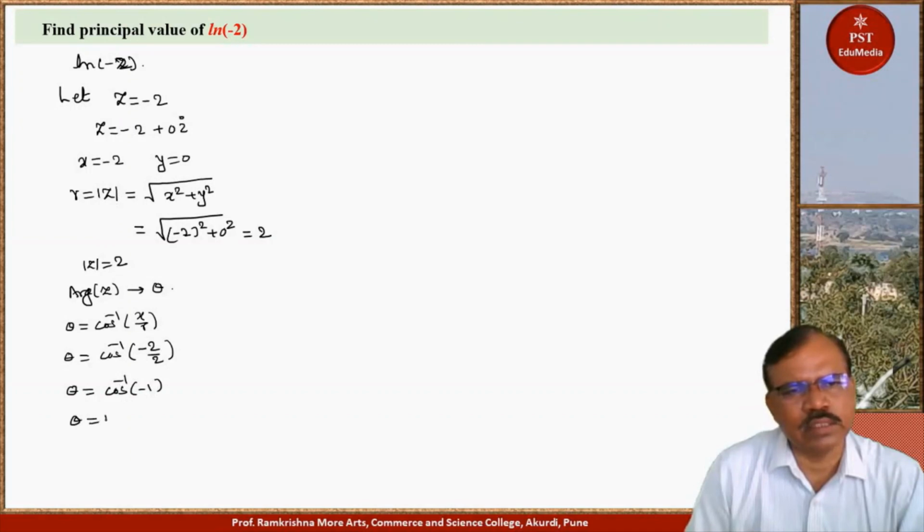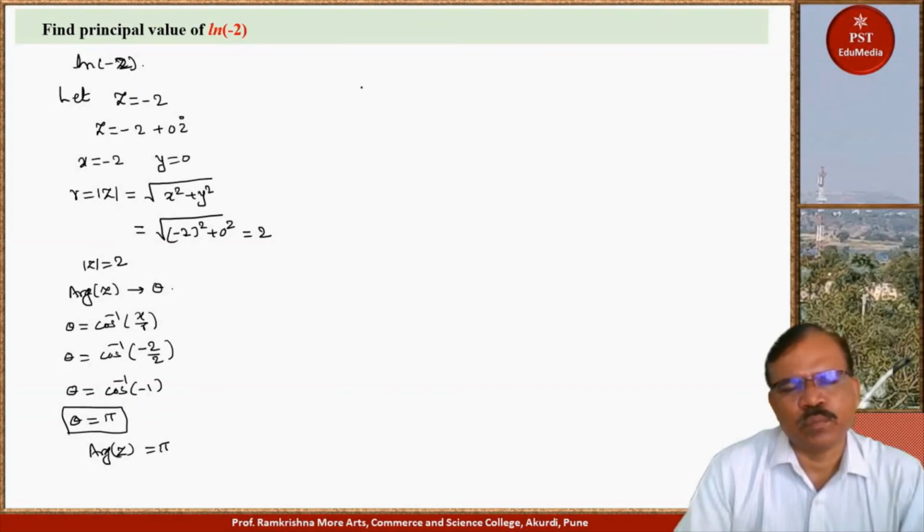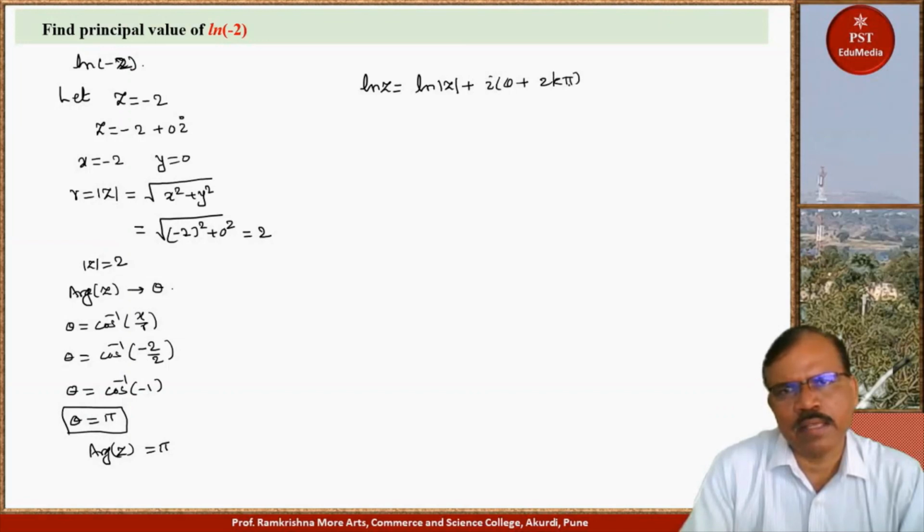So theta is equal to pi. So we got argument of z, it is pi. So we know log z is equal to log of modulus z plus i theta plus 2k pi, where k is equal to 0, 1, 2, 3 and so on.